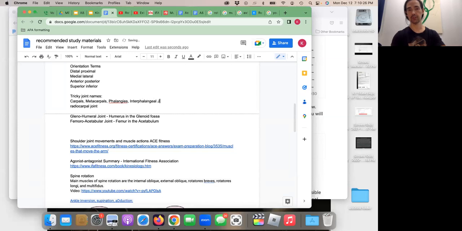And then you also have metacarpophalangeal joints.